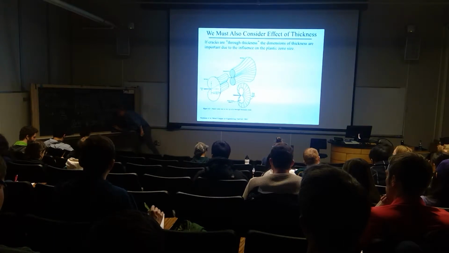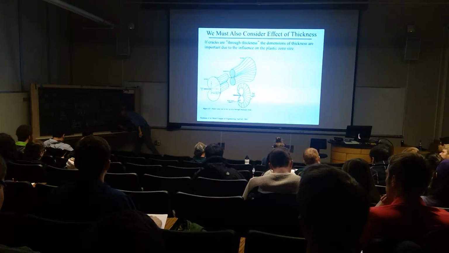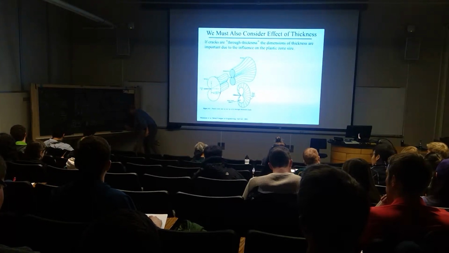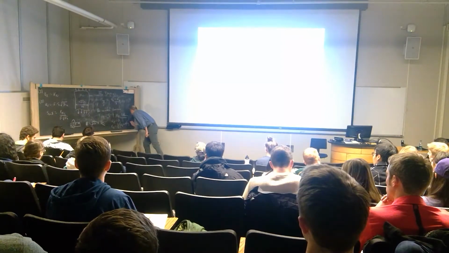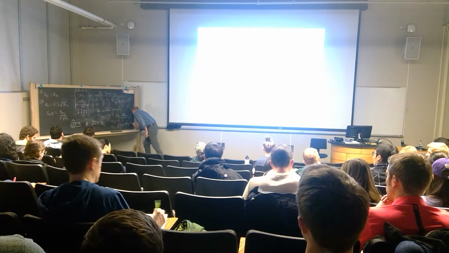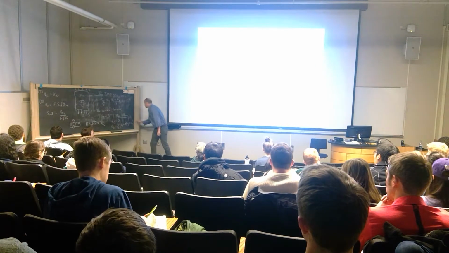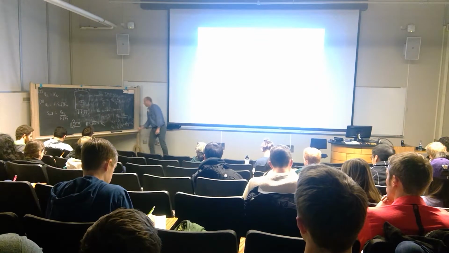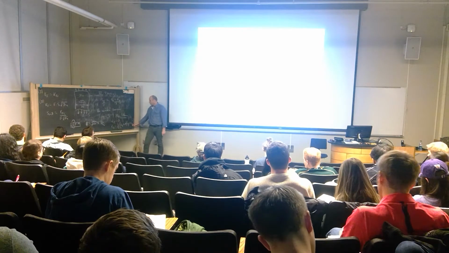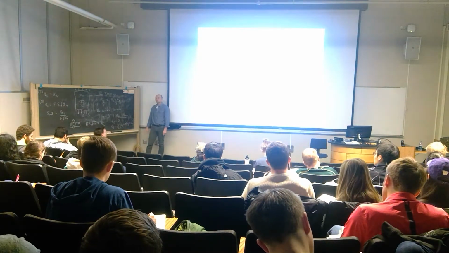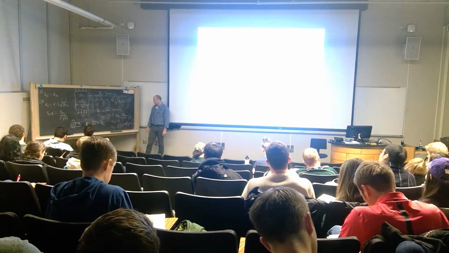Then epsilon z, the strain in the z direction, can be defined by generalized Hooke's law in terms of the other components of stress which are present in that particular structure.